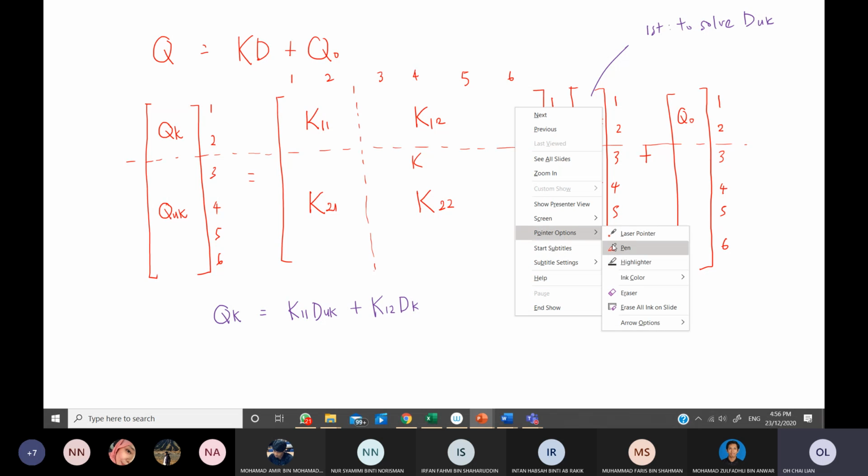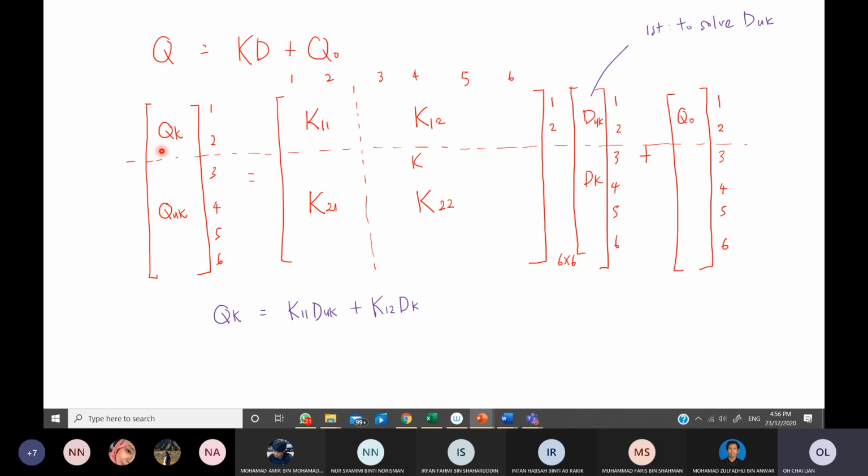If you are confused already right now, let me put a laser here. I want to solve this D unknown. So the one that I actually do is I write an equation based on Q known equal to K11, the elements in this K11 region, multiply with D unknown, plus the elements in the K12 region, multiply with D known, then plus Q0.